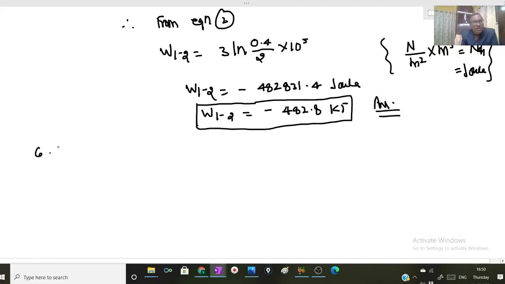Now here I will put one remark. Here a negative sign is appearing in the value of work done, so I will justify this negative sign.